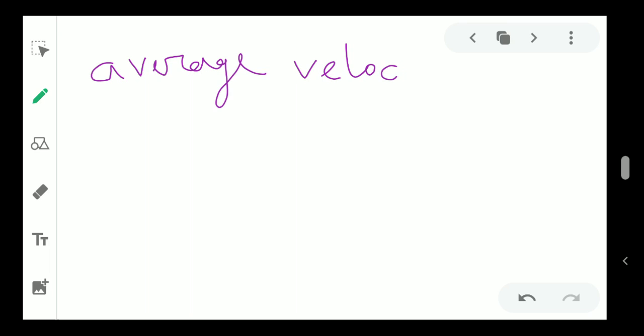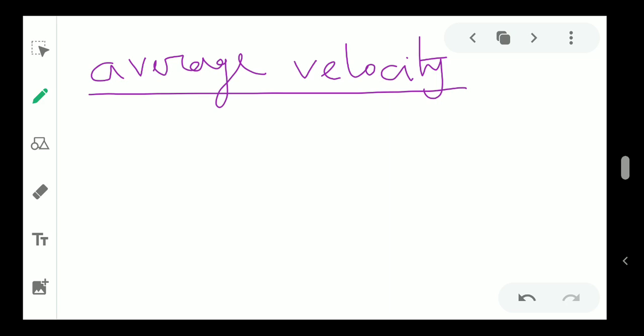So average velocity is something that we have to bring here in order to calculate the final velocity for one motion having acceleration.